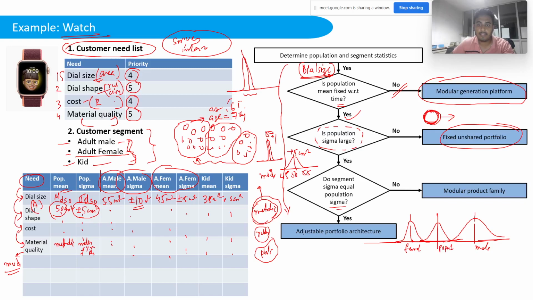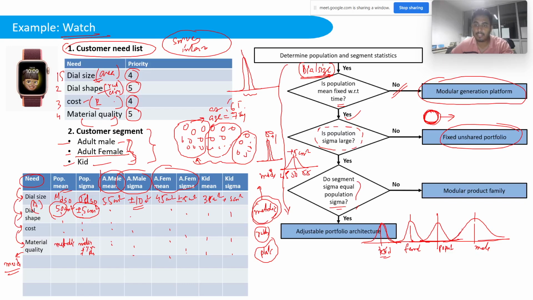And for kid, it is again 5 centimeters, so the standard deviation is the same but mu is even smaller, 35. What you need to check here is whether the segment sigma is equal to the population sigma, going one by one for each segment.